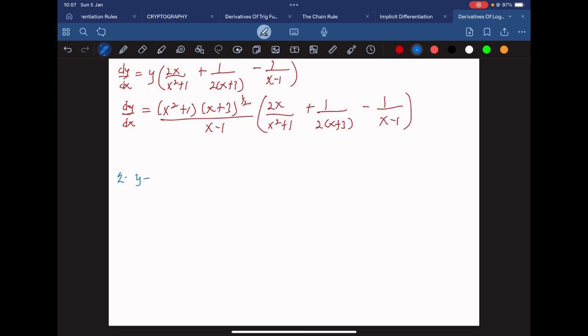Let's say we have y equal to the cube root of x multiplying (x minus 2) over x squared plus 1. Now we have to find dy/dx.